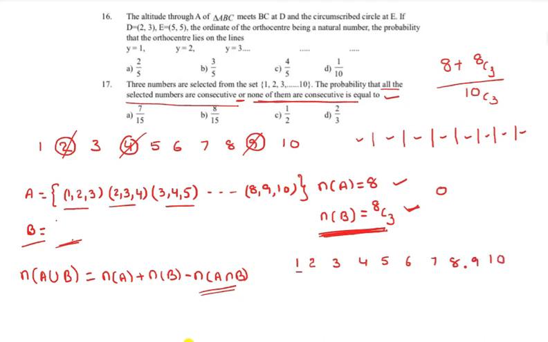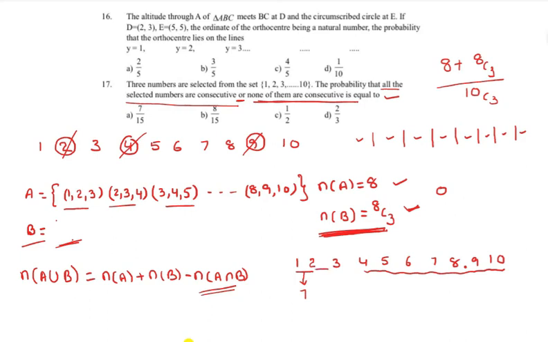These are the numbers. Suppose I selected 1, 2, then how many options do we have to select? You can select either 4 or 5 or 6 or 7 or 8 or 9 or 10. That's why if you select 1, 2, we have 7 options.